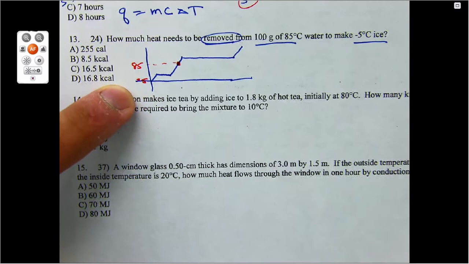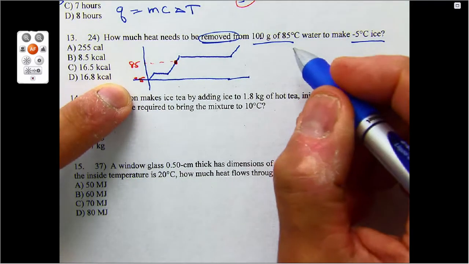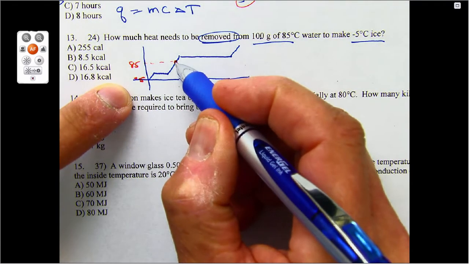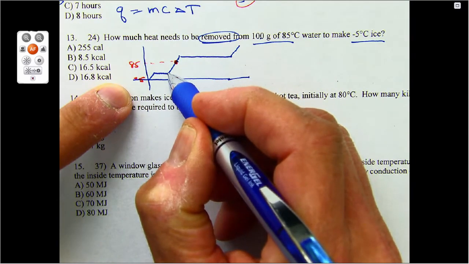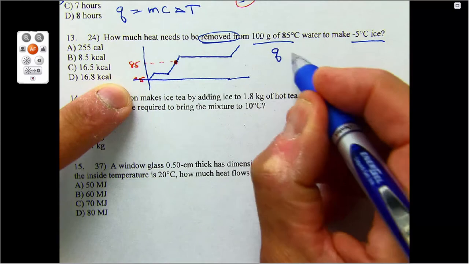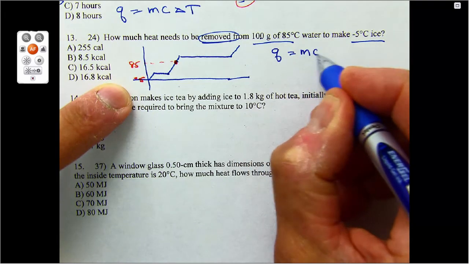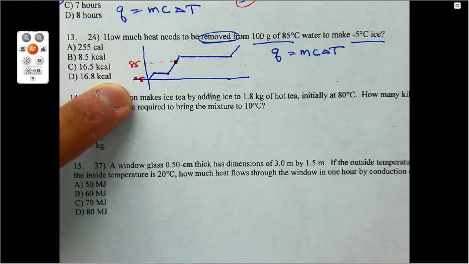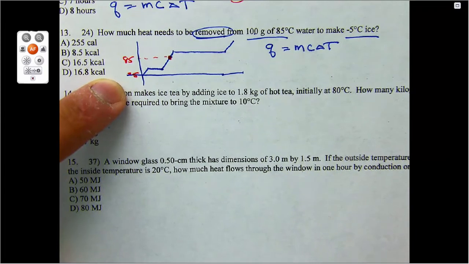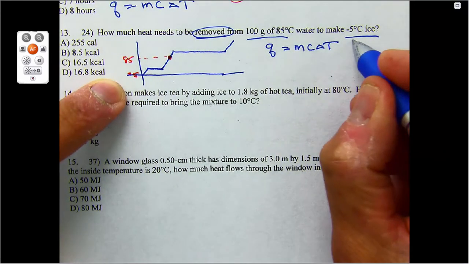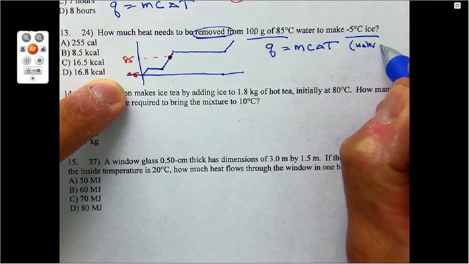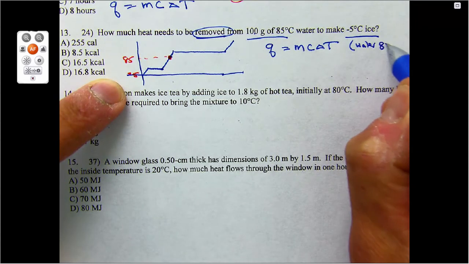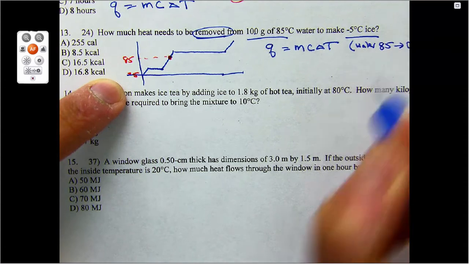So the first thing you need to do is get your water from 85 to 0, right? So you're going to have to do Q is equal to MC delta T on that, to get water from 85 to 0.